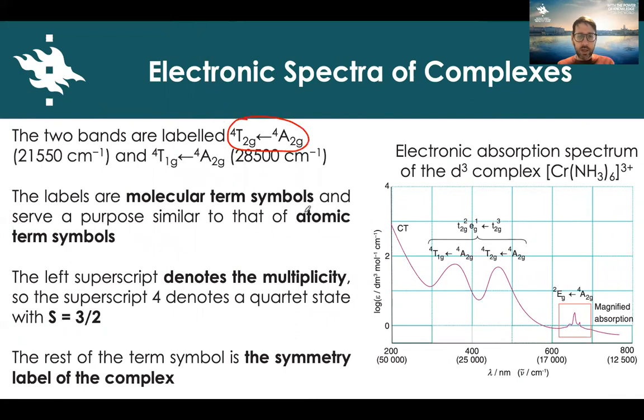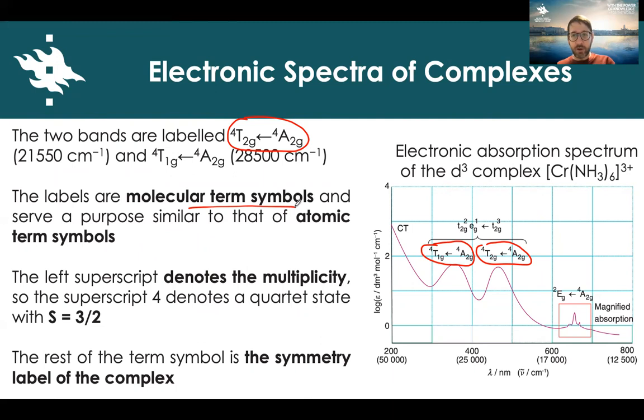And these two bands are labeled as represented here, and the second one here. So these labels are the molecular term symbols, and we just saw the origin of the atomic term symbols.